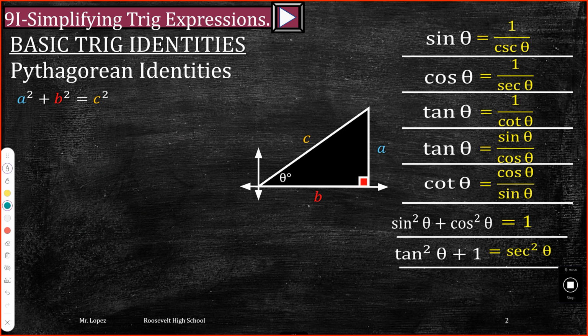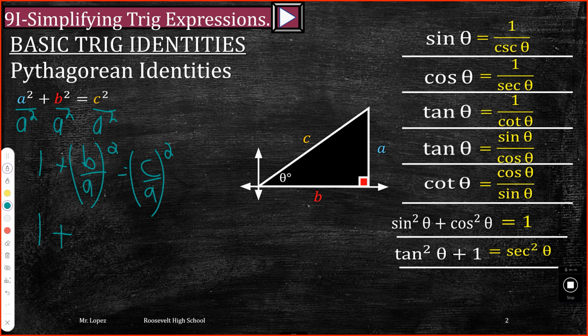And lastly, divide everything by a squared. A squared over a squared is 1, then you got plus b squared over a squared equals c squared over a squared. 1 plus, what's b over a?